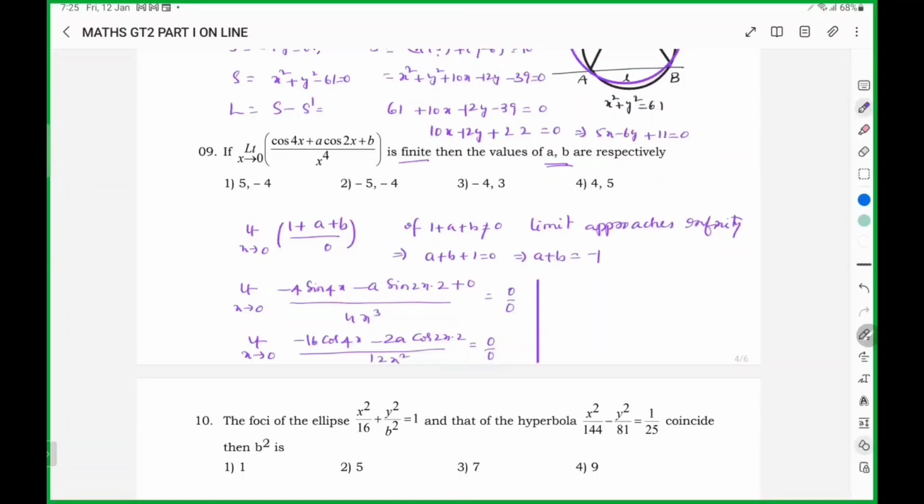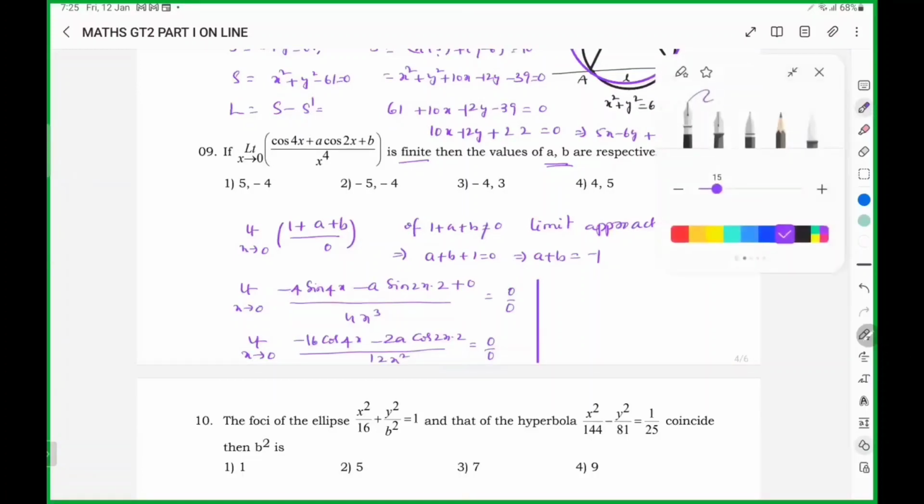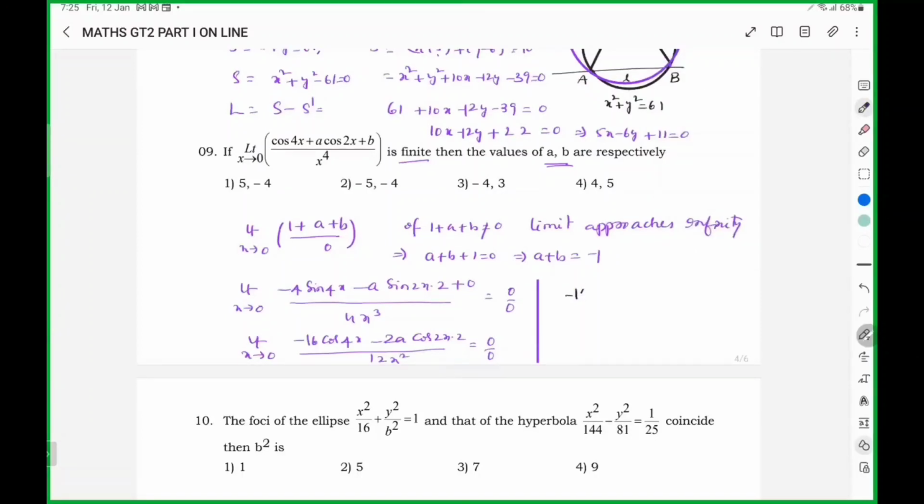So here it is minus 16 once you substitute, minus 4a cos 0, that should be 0. So 4a is minus 16, a here is minus 4. B here is 3.